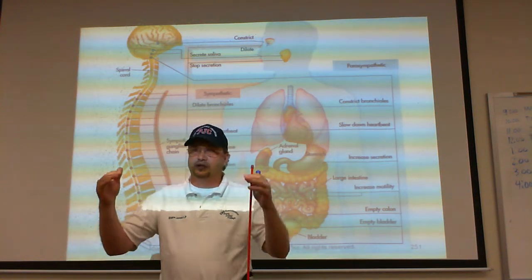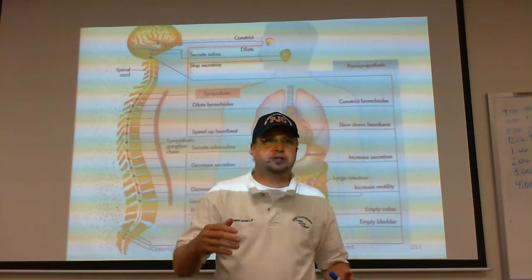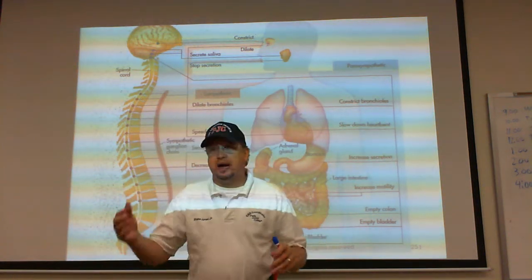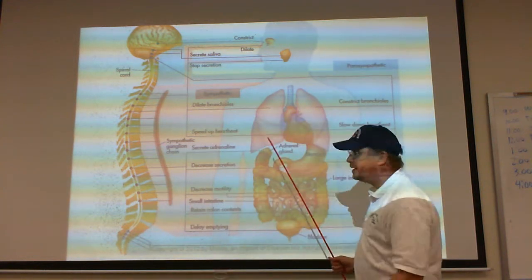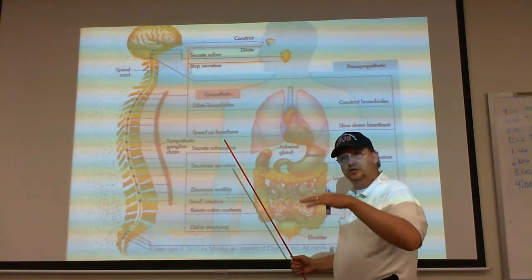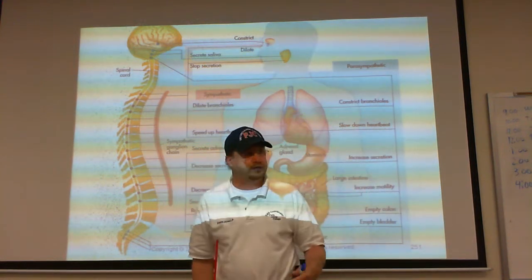Okay? So there's enough difference in those two receptors that they can make drugs like atropine that you can give to somebody. Atropine will affect muscarinic cholinergic receptors and have an effect on the heart. Atropine would speed the heart rate up by blocking the parasympathetic nervous system.